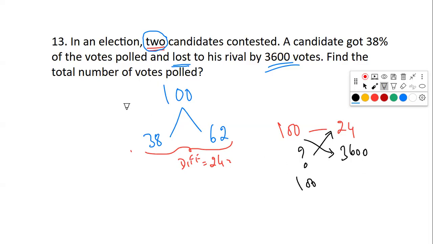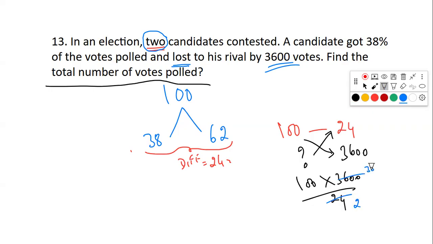So he is asking to find the total number of votes polled. So 100 into 3,600 divided by 24. Cross multiplying, you will get, yeah, Aisha, you got it right. So 12 will go 2 times here, 12 will go 3 times, and 2 will go again 150 times. So 150 into. So what is your answer? Total number of votes in this election is 15,000 votes.